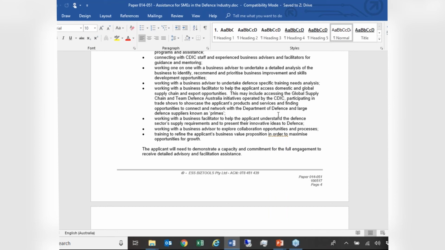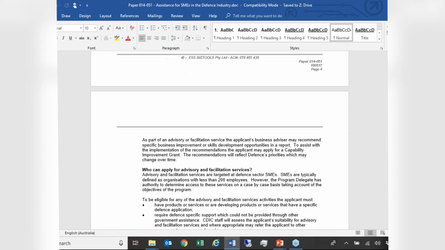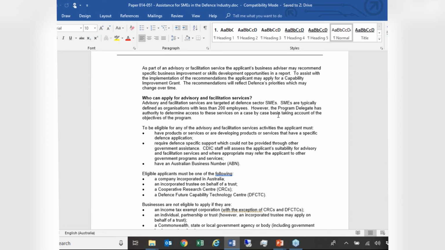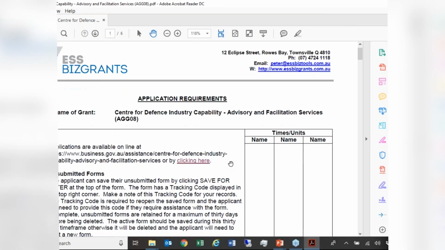So we have these types of detailed articles for every grant that's contained within the system so that you can read about how the grant operates and what your reporting requirements are going to be.